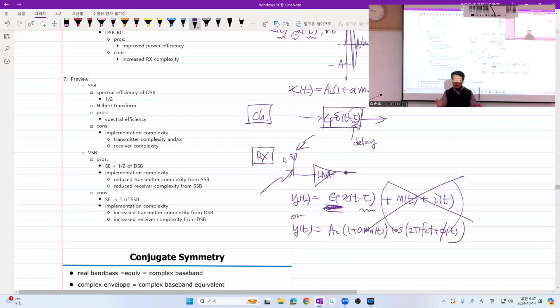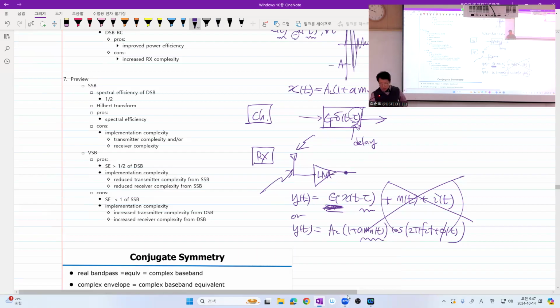We never know whether the transmitter and receiver have the same time reference, time 0, right? So anyway, let's just simply take that tau out. Then what is the receiver that extracts m sub n of t, or equivalently m of t?